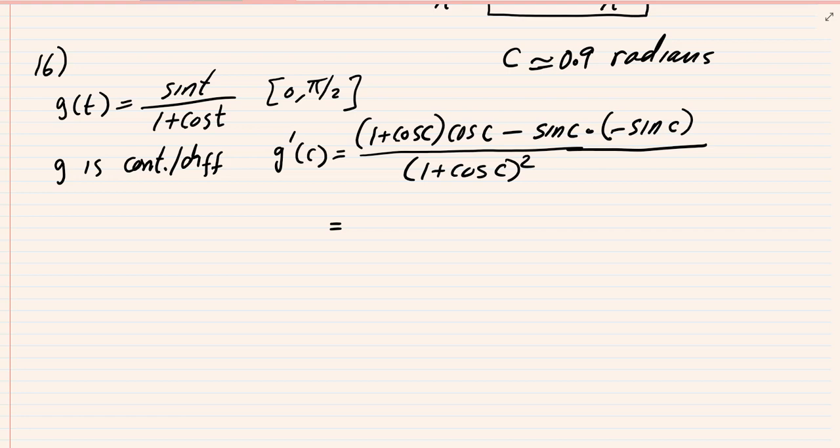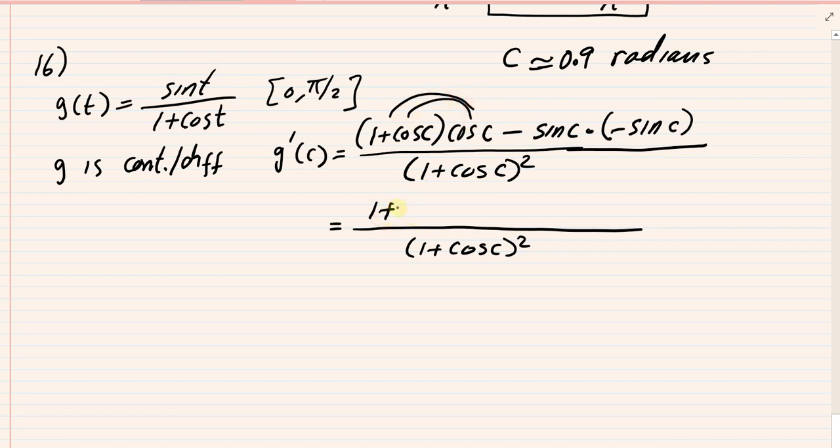Okay, actually now I see it's pretty easy to simplify this one. So I have 1 plus cosine c squared. In the numerator, if I distribute cosine from the right here, I get cosine c plus cosine squared c.